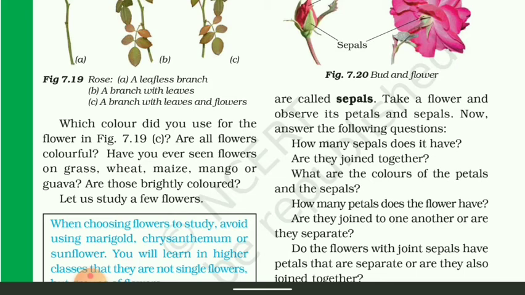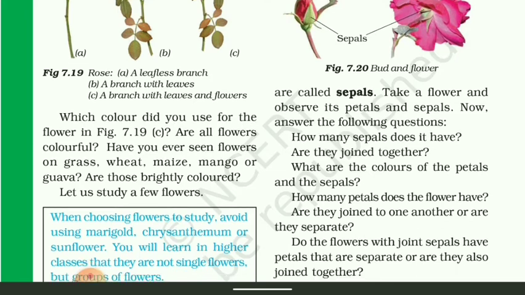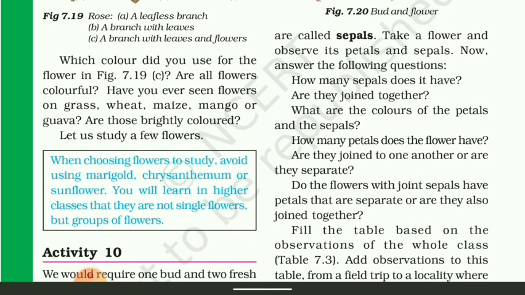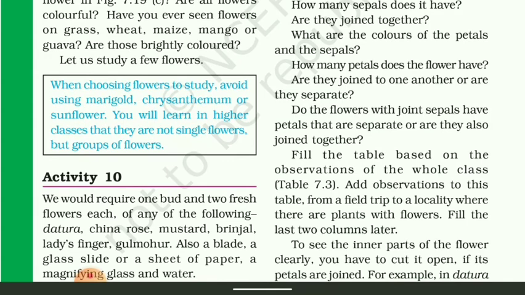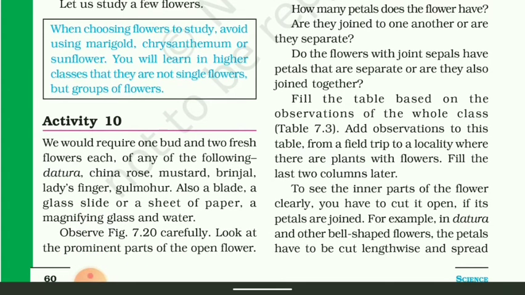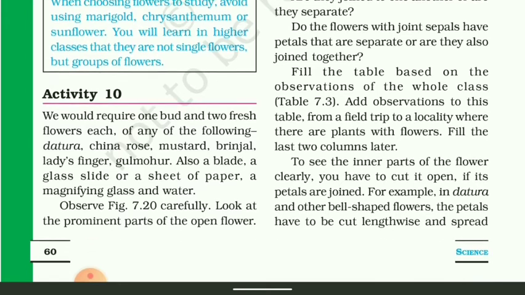How many sepals does it have? Are they joined together? What are the colors of the petals and the sepals? How many petals does the flower have? Are they joined to one another or are they separate?